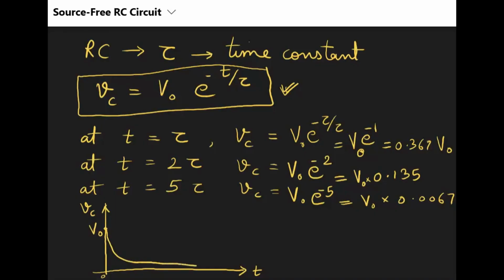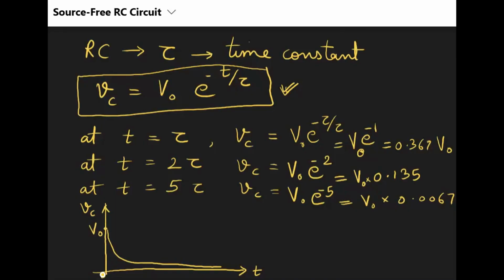And what will happen at t equals to infinity? If we will substitute t equals to infinity in this equation, it will become e to the power minus infinity and the value of e to the power minus infinity is 0. So Vc, voltage across capacitor, become 0.